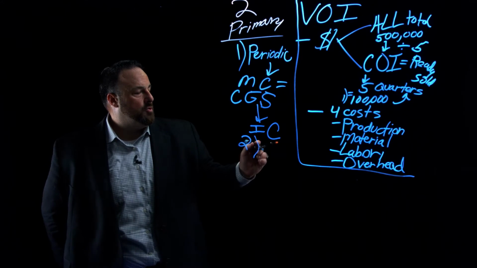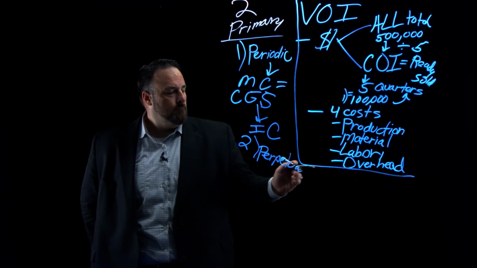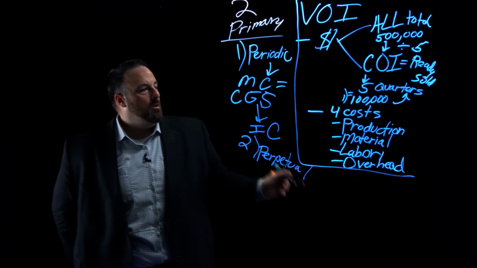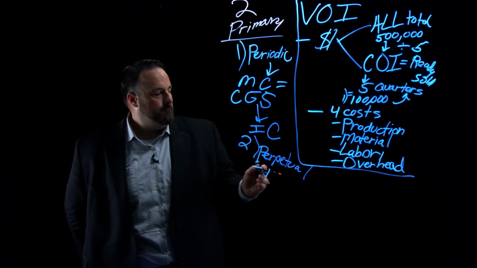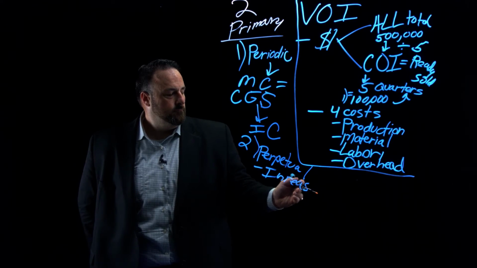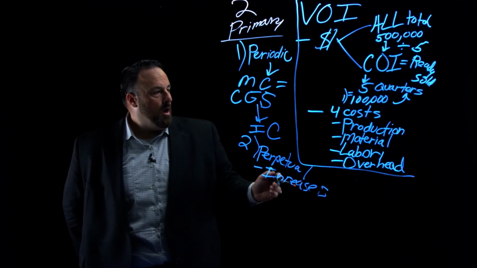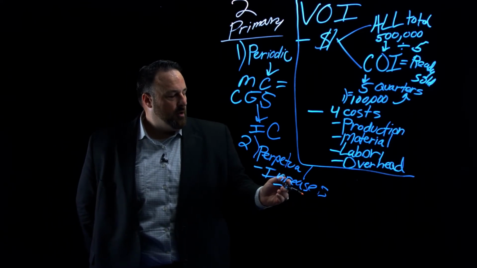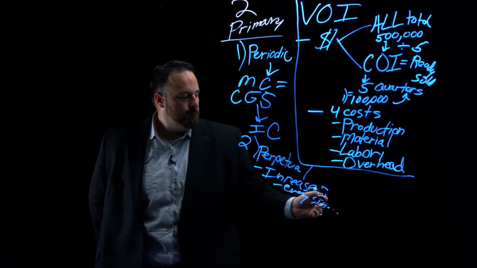And now we have what's called the perpetual method. Now, this covers any increases in the inventory with every purchase. Monitors every purchase in inventory. Every single purchase.